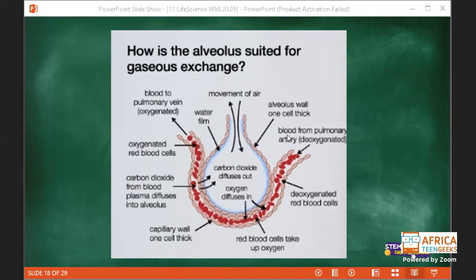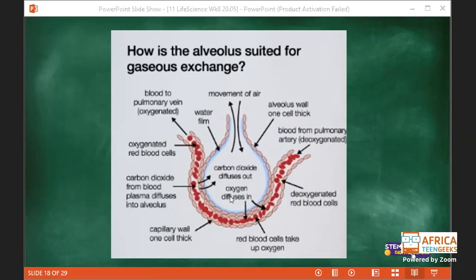And then here we have blood from the pulmonary artery, which is deoxygenated, going in. So deoxygenated blood always comes from the body cells, right? This is blood which has a low concentration of oxygen because of the carbon dioxide produced in the body cells, and it is released or diffused into the blood. Okay, then we have our deoxygenated red blood cells. Then we have the red blood cells taking up oxygen in this particular spot here.